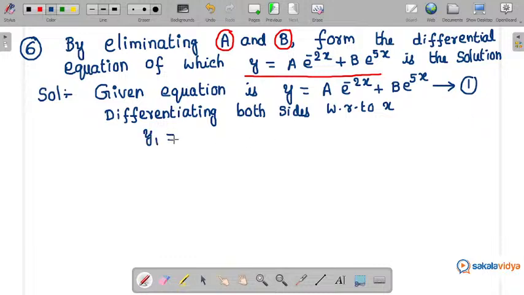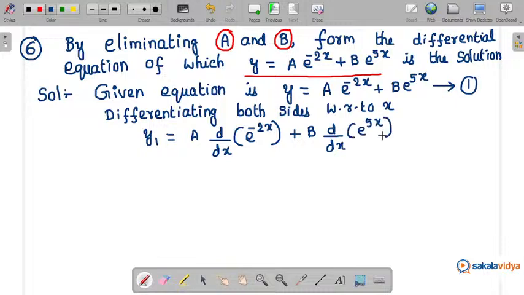So y1 is equivalent to dy by dx only. So now a times d by dx of e power minus 2x plus b times d by dx of e power 5x. Understood this step? Shall I proceed to the next step or shall I wait?